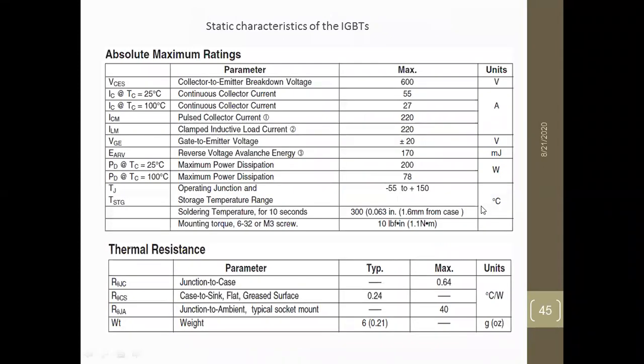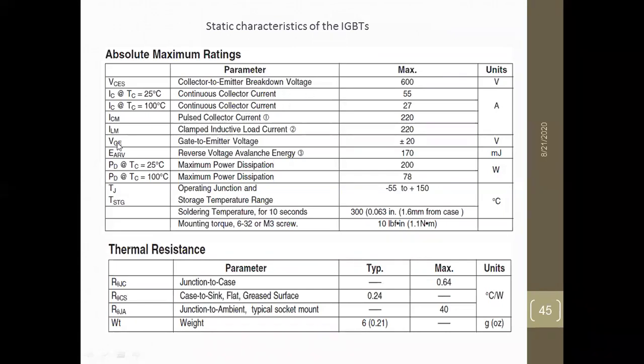Next, what about the characteristics of an IGBT? Here are some of the characteristics for a 600 volt rating of an IGBT. That is VCES, the collector to emitter breakdown voltage of 600 volts, and IC, the collector current at a collector temperature of 25 degrees Celsius. That is a continuous collector current of 55 amperes, and at 100 degrees Celsius it is 27 amperes.